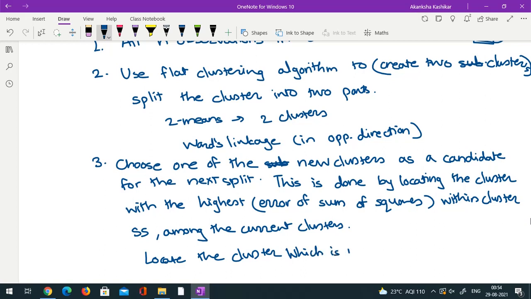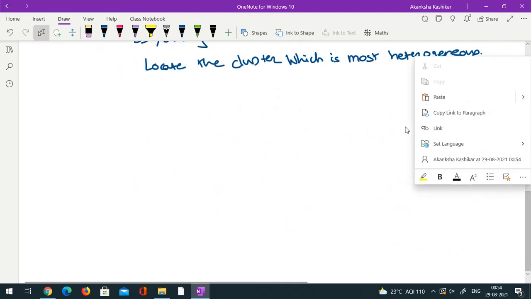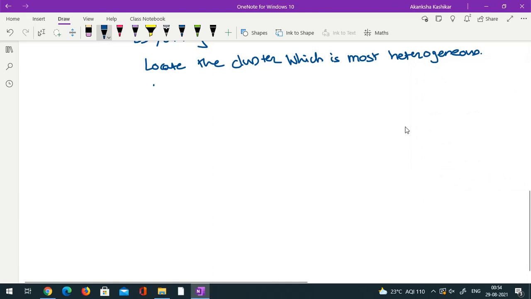Among all the clusters, locate the cluster which is most heterogeneous. So it is up to us to decide what sort of measure for heterogeneity we have to use. Okay. So locate the cluster which is most heterogeneous and consider it as a candidate for the next split.